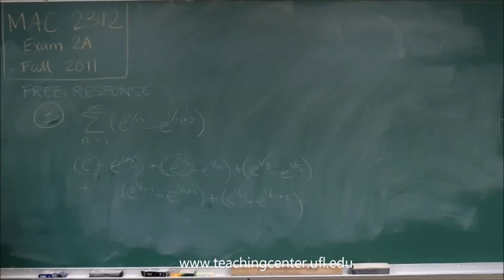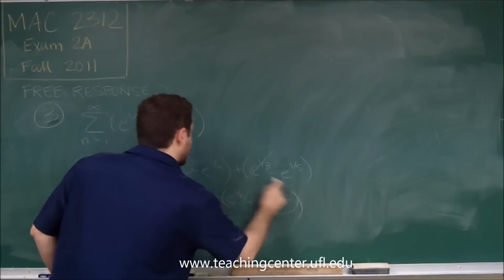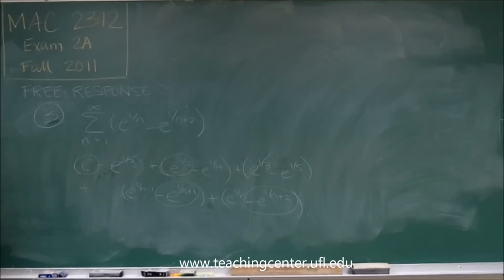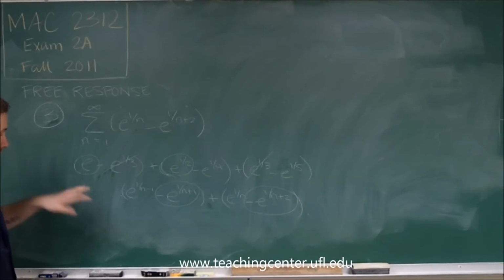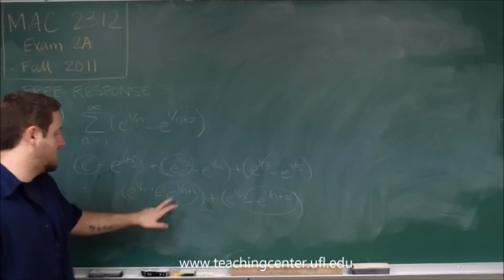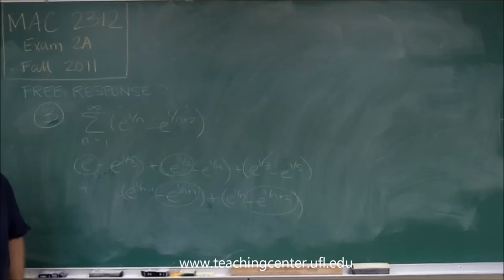So which 2 are going to get kept? It's going to be these last 2. Because the term before this would have had a minus e to the 1 over n, and it would have canceled out with this one. And every subsequent one would cancel.